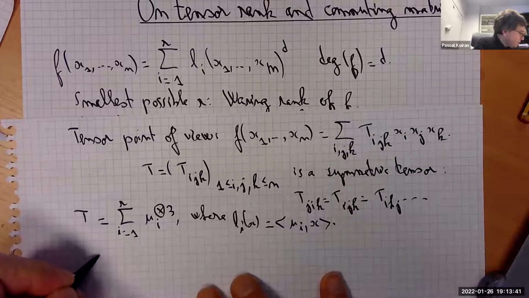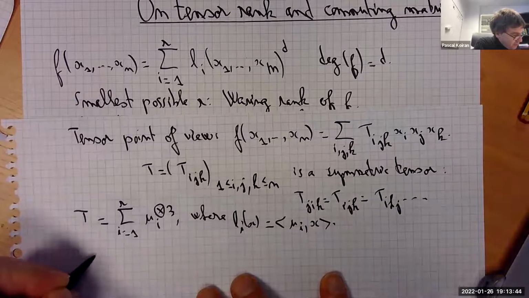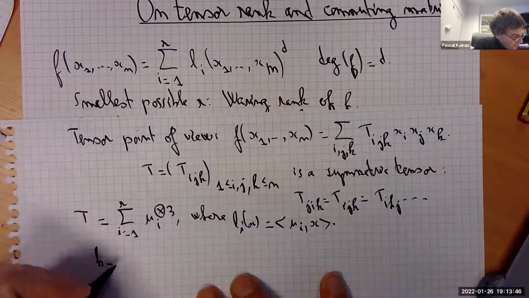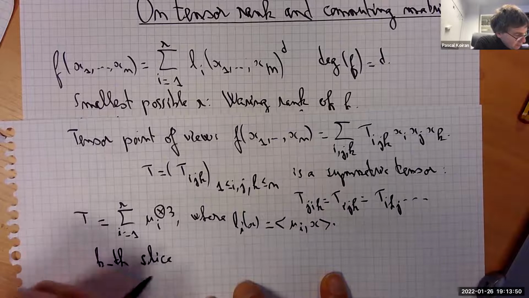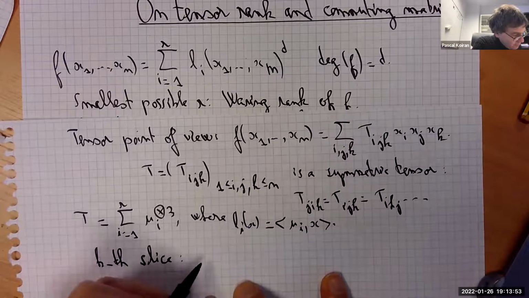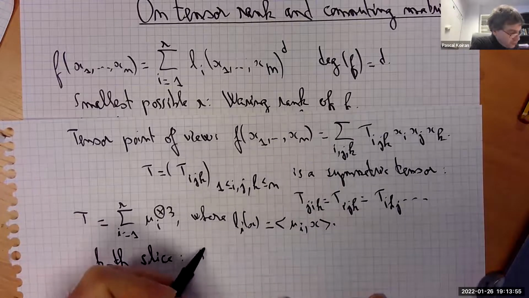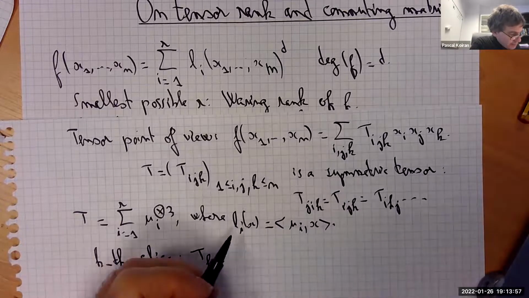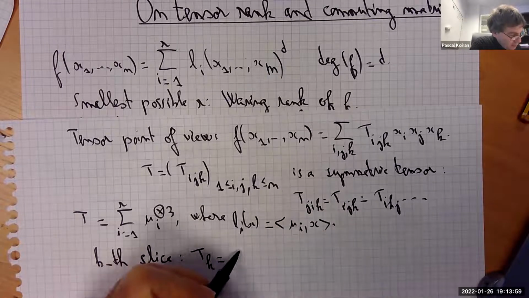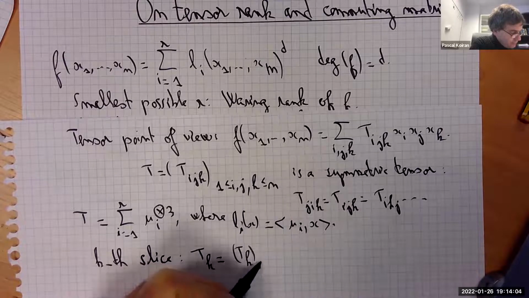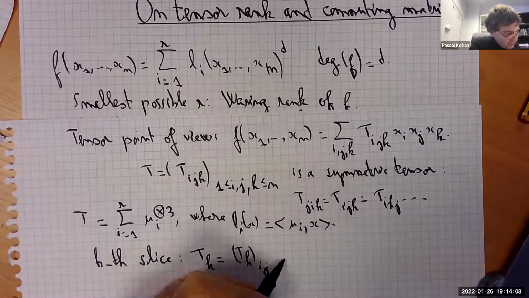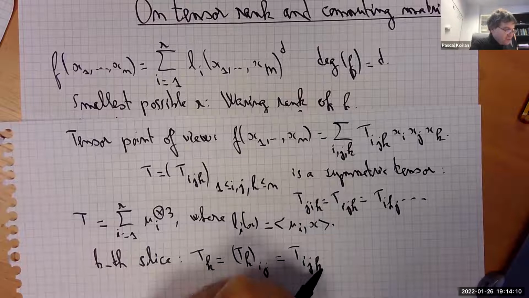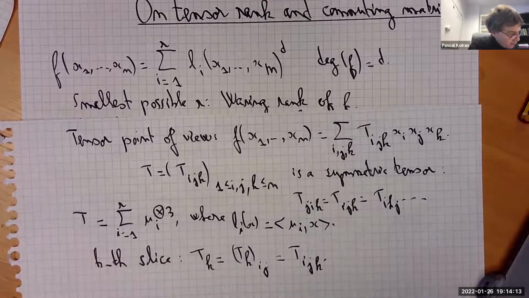For instance, the kth slice of T is the matrix whose entry ij is naturally the corresponding entry of T, T_ijk.